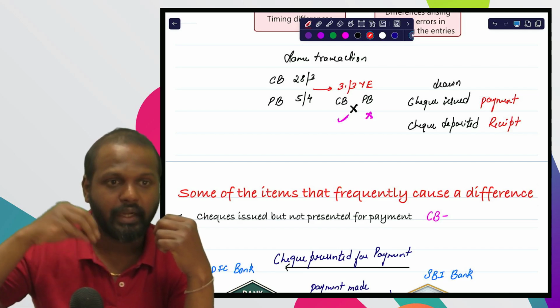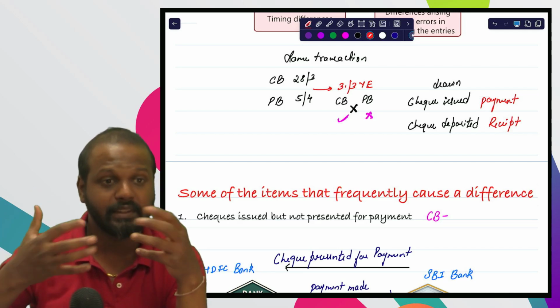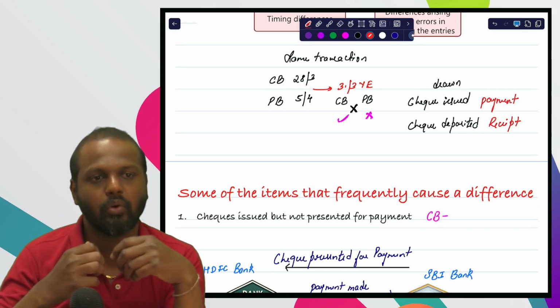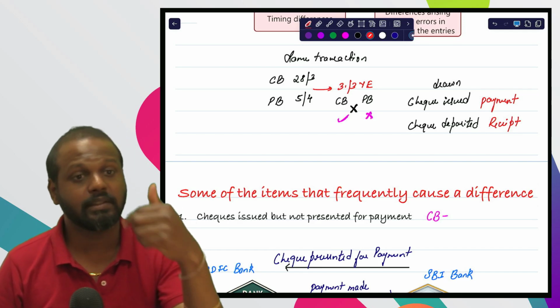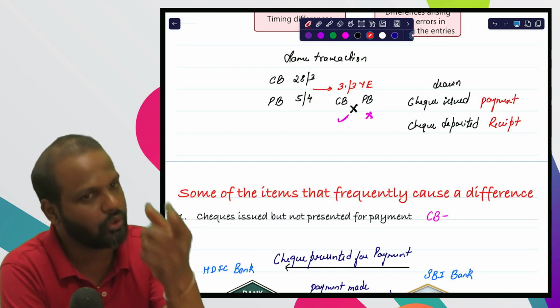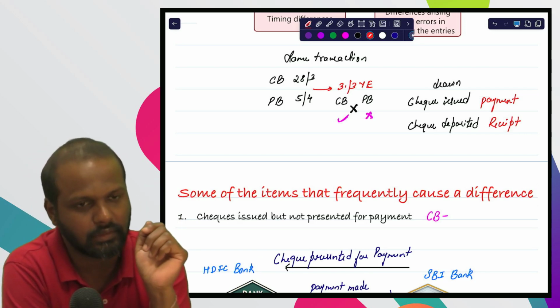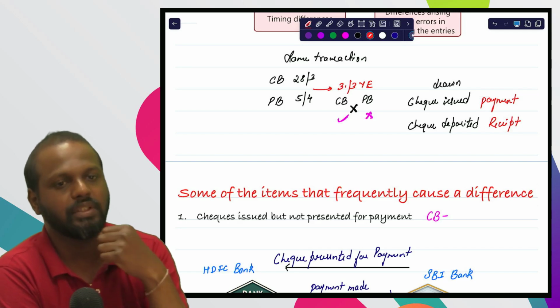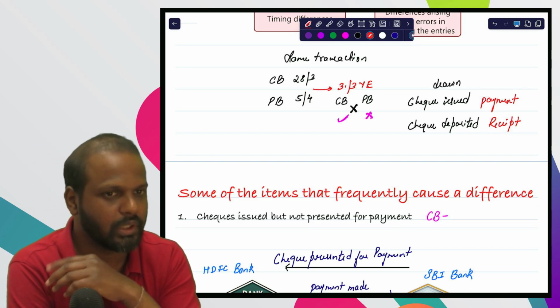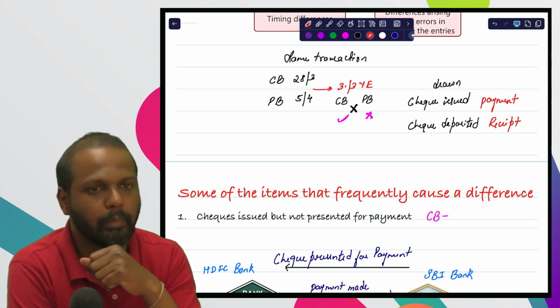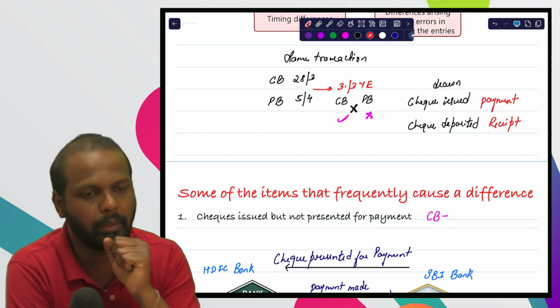So we deposit the check to receive the money. Checks are deposited for receiving the money. Checks are issued for making the payment. So you are issuing the check, you are making the payment, so in your bank balance it will become minus. Once I receive the check, I deposit the check, my bank presents the check to your bank for payment, and your bank does the payment to my bank.